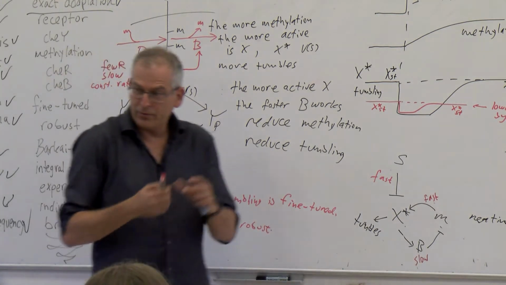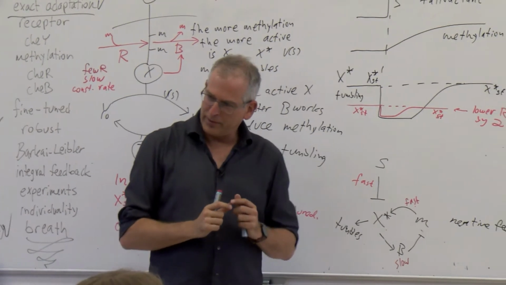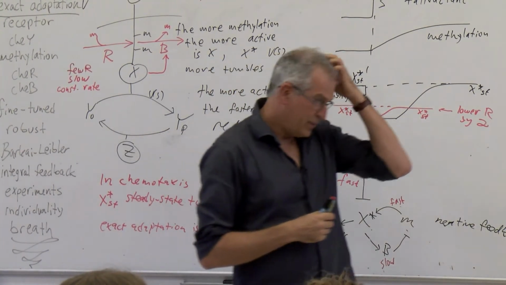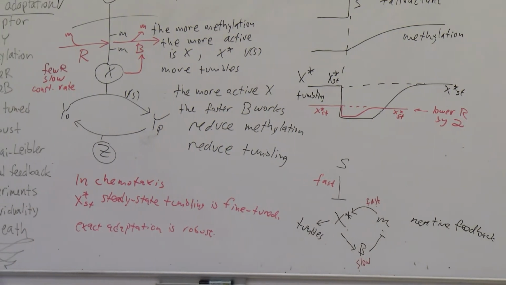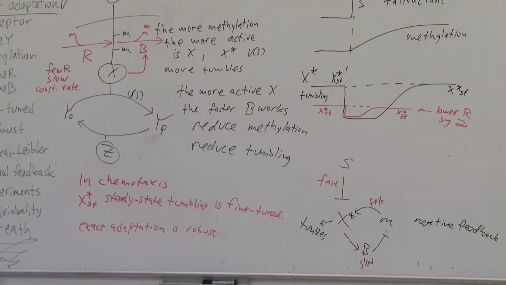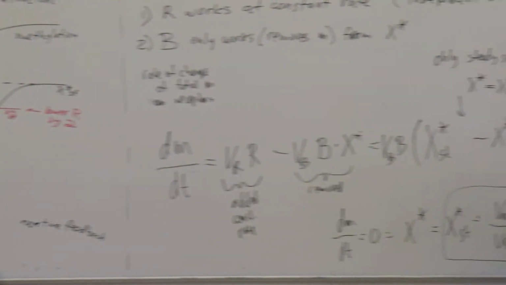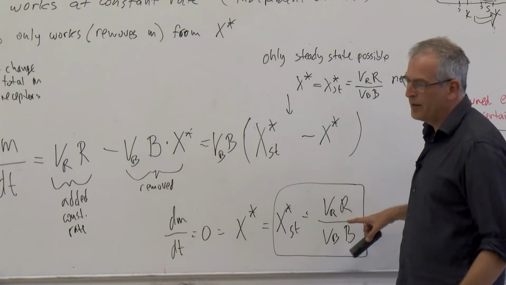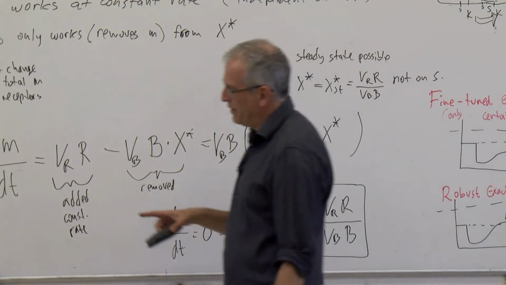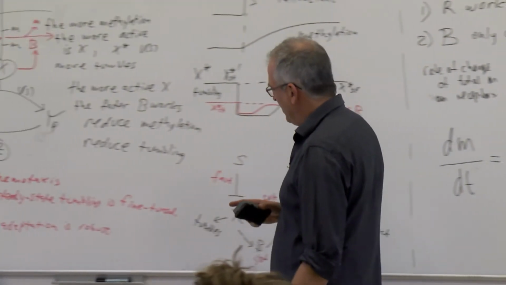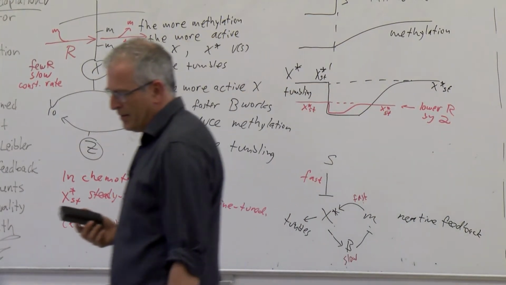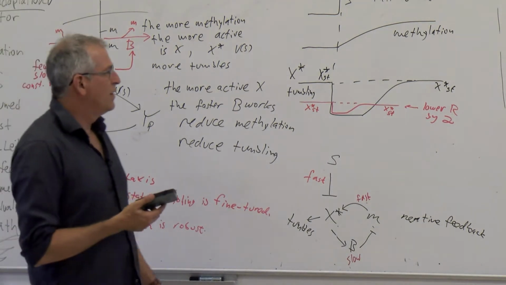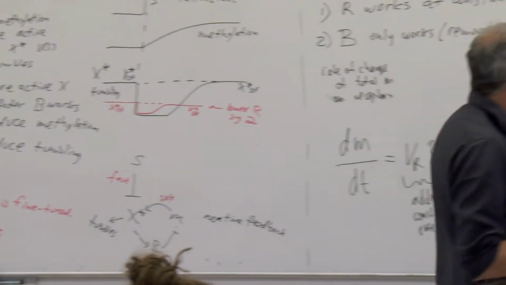At the same time, there are two features: one is fine-tuned and one is robust. If you have some ratio of R and B, the ratio is what matters, and then you're fine. Otherwise the cell might still be in a lot of trouble because it cannot reach some sweet frequency of tumbling.